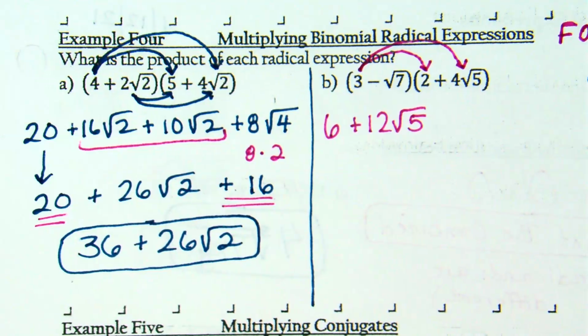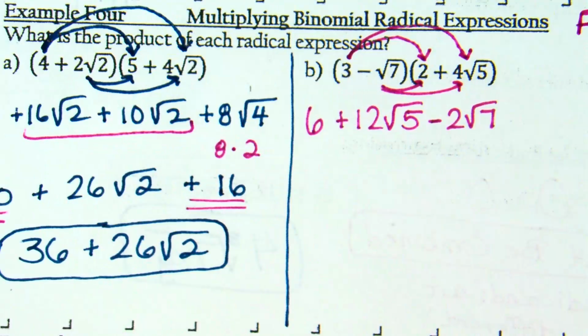Okay. Minus square root of 7 times 2, which is going to be minus 2 square root of 7. It's just a radical and a constant, so we just put them together. And then, lastly, minus square root of 7 times 4 square root of 5. We're multiplying.